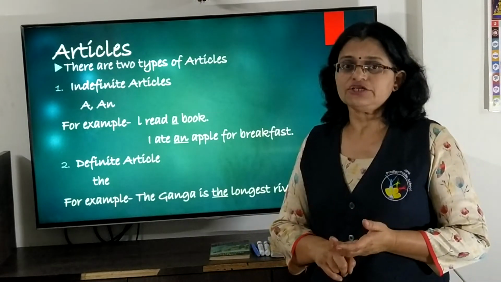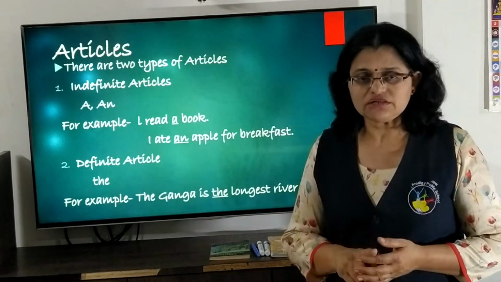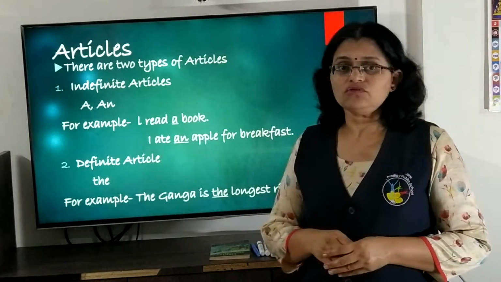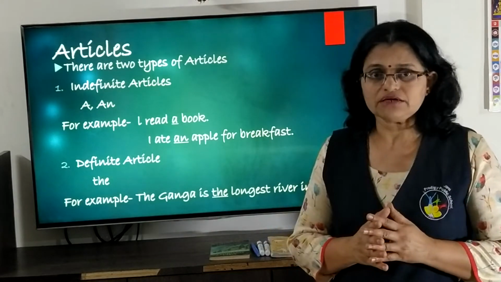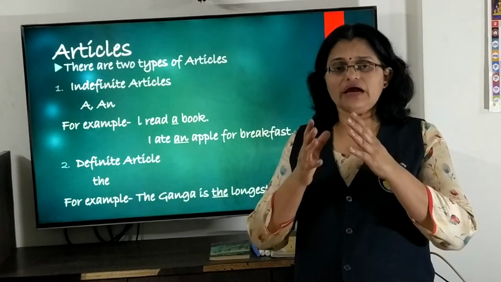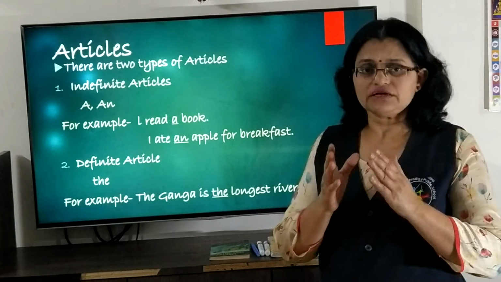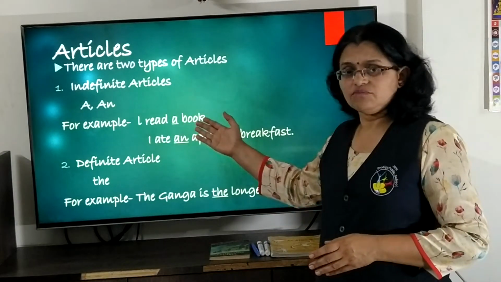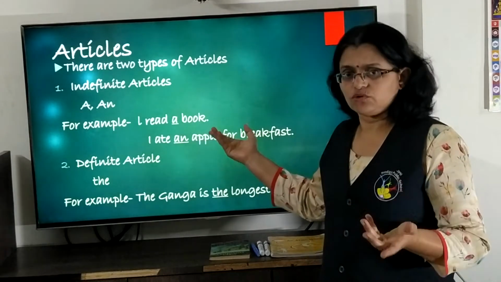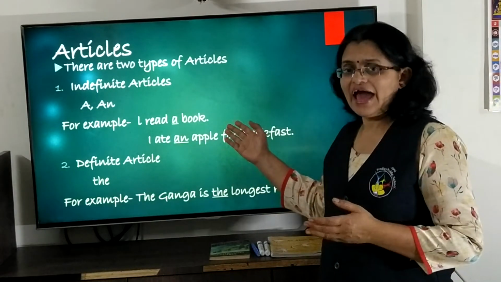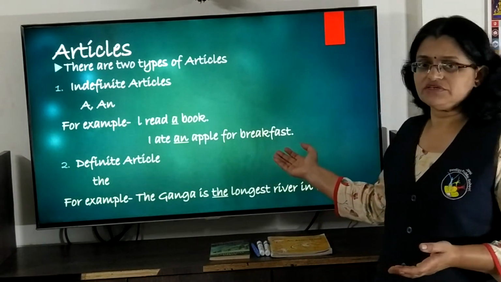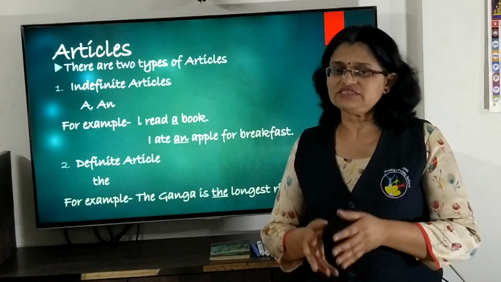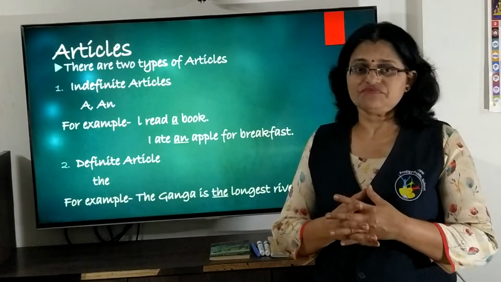These articles are used before a singular noun and before any noun which is not specific, whose identity is not established. For example, I read a book. A book means any book. I ate an apple for breakfast. So these 2 things, as we know, are singular and not specific.